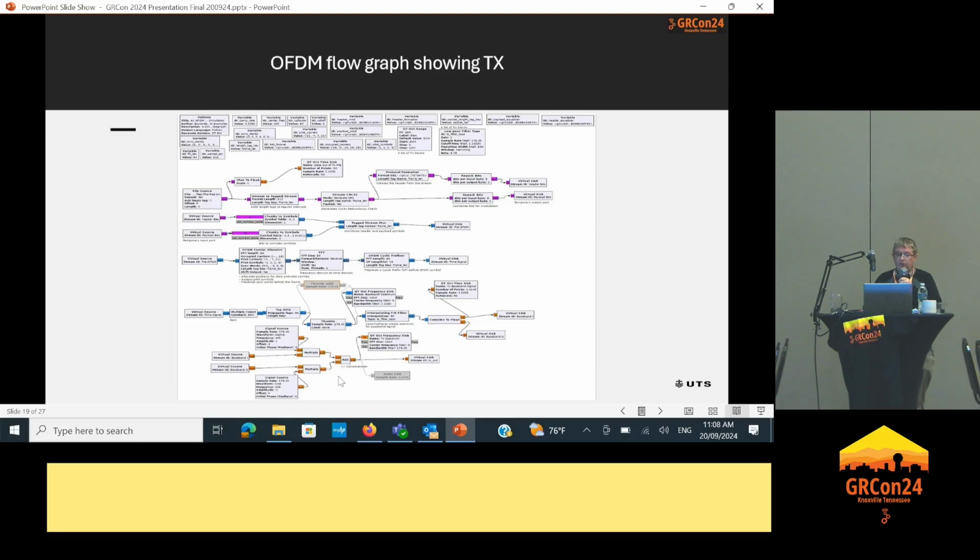So this worked for that, but if I could have got an SDR that worked at 40 kilohertz and accepted a complex signal, it would have made life so much better.